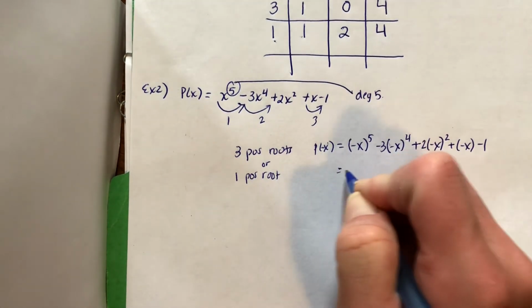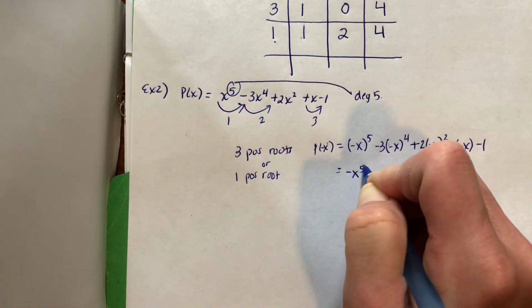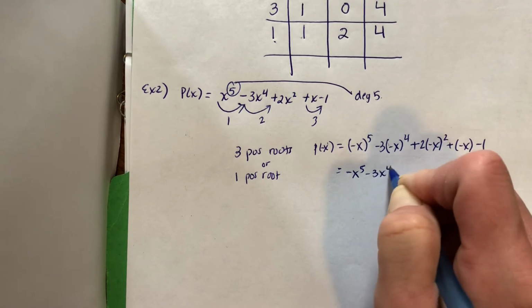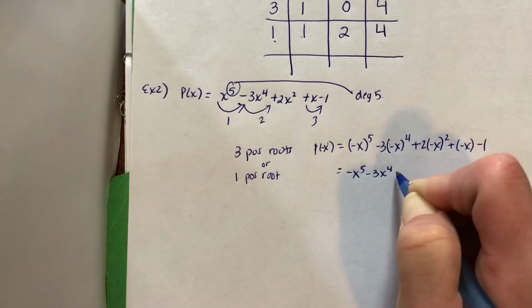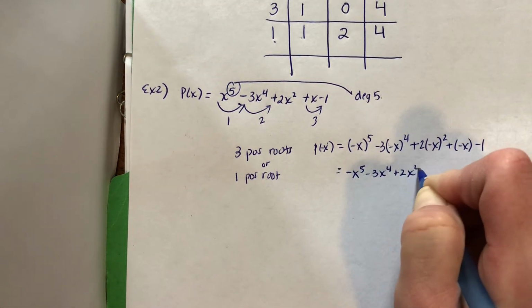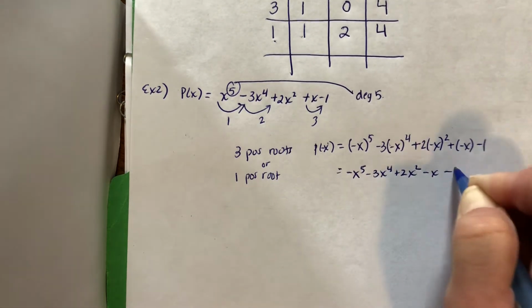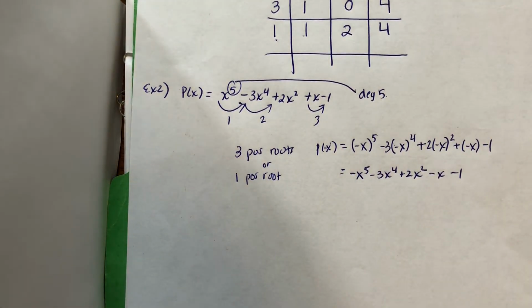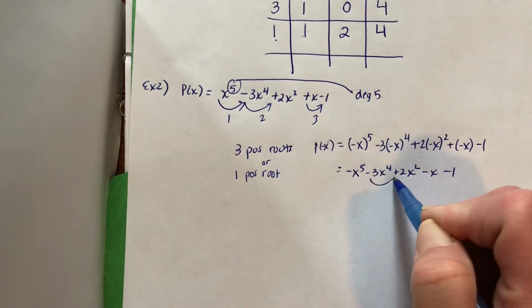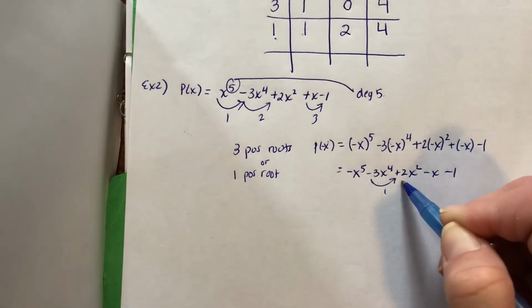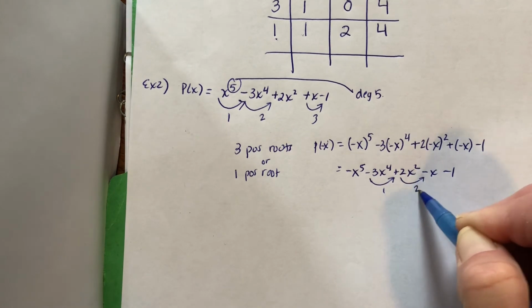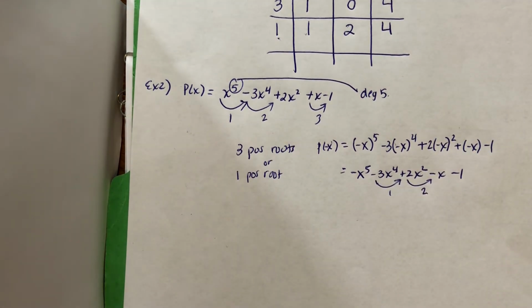So this would come out to negative x to the 5th minus 3x to the 4th plus 2x squared minus x minus 1. So in looking at this polynomial here, I see 1 sign change occurring, 2 sign changes occurring.